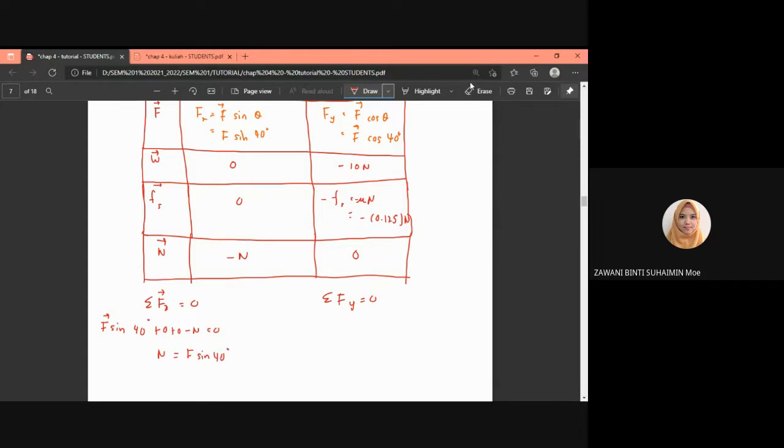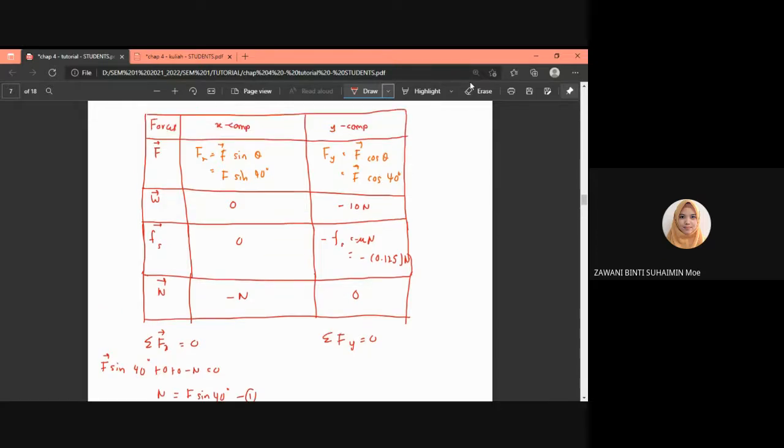Okay, so ini equation pertama. Sekarang kita move kepada equation yang kedua, iaitu Y component. Total Y component tadi, first one kita ada F cos 40, it's minus 10 Newton. Lepas tu minus dengan 0.125 darab normal force.